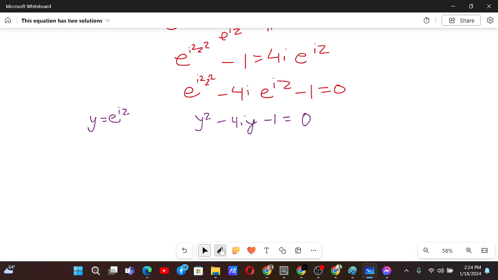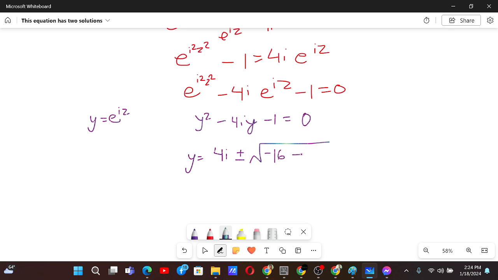And now to solve this, we can use the quadratic formula: y equals minus b, where minus b is 4i, plus minus the root of b squared minus 4ac. b squared is 4i squared, which is 16 times i squared, that's minus 16.